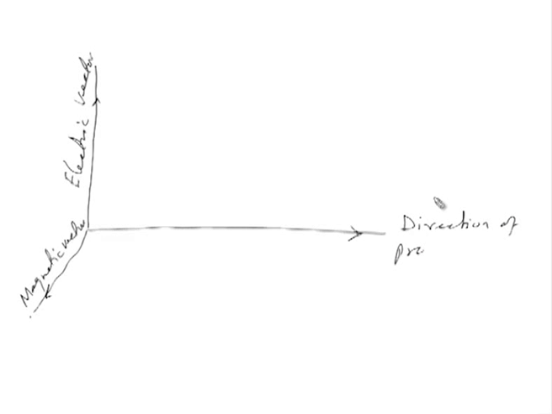One is the electric vector, and another is the magnetic vector. If you consider a wave here, this is the magnetic vector at 90 degrees to the electric vector, and this is the propagation of the light, that is, the direction of propagation.